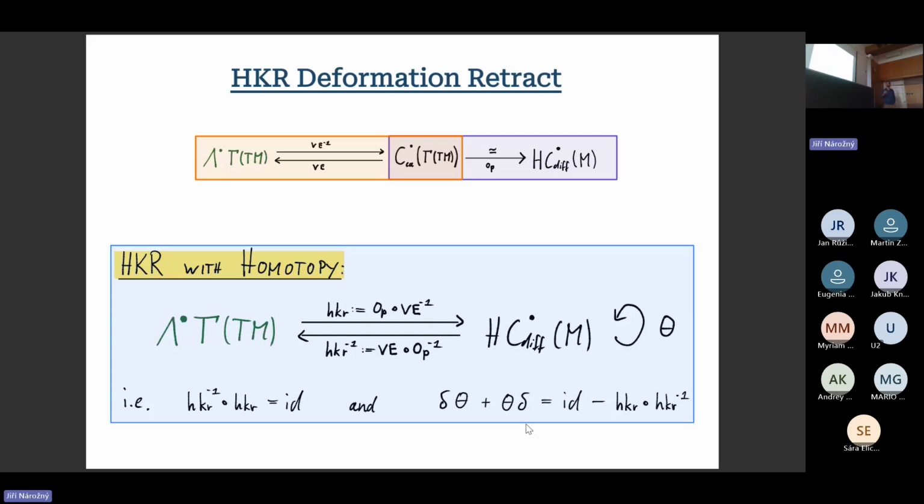In applications, this can be really helpful because if we have structured situations, as I told you before, for example if we have a group acting, we can look at the properties of this homotopy and of the quasi-inverse of the HKR map to understand if everything is also compatible with this structure.